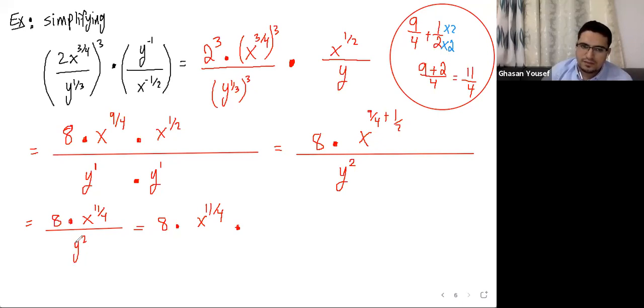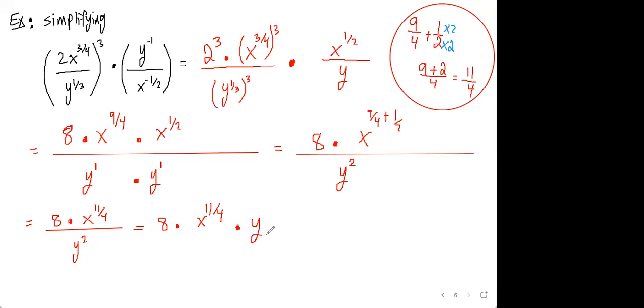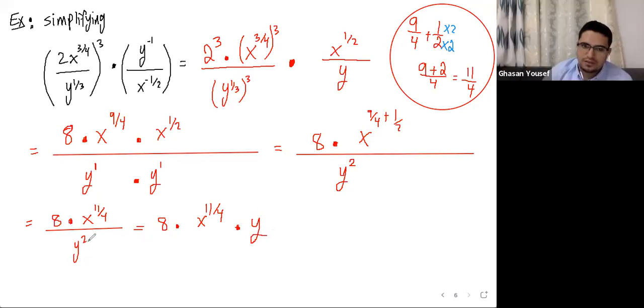If I want to move this one, is it y to the power of half or negative half? It's not half, it's 2. What's the exponent? Negative 2. Yes, this is correct. So to move this one from the denominator to the numerator, I have to change the sign of the exponent from positive 2 to negative 2.